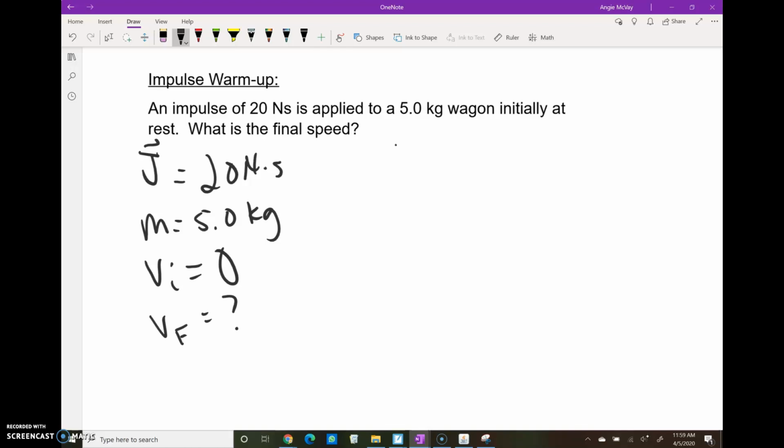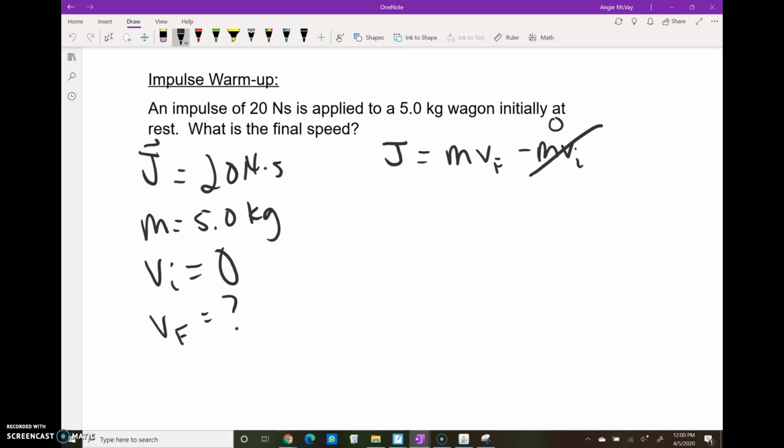Okay, so one version of the impulse equation is impulse is equal to the change in momentum, mass times velocity final, minus mass times velocity initial. Cool. We know the initial velocity is 0, so this term cancels out.